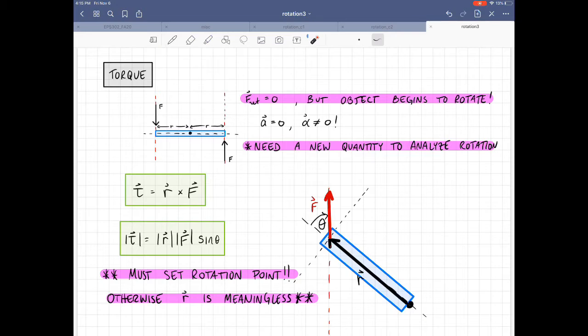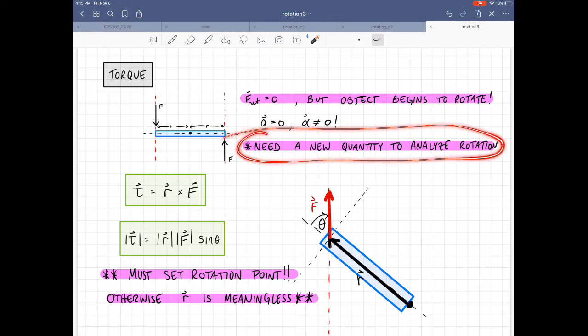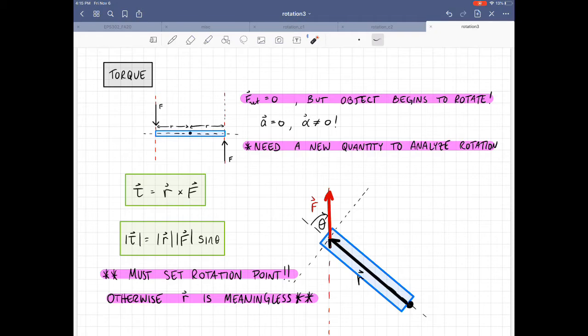So omega was zero. There was no angular speed. There was no rotation. And then after I've applied these two forces, all of a sudden we are rotating. And so we need a new quantity that allows us to characterize or analyze what's happening with extended objects that are able to rotate. And this new quantity we call torque.